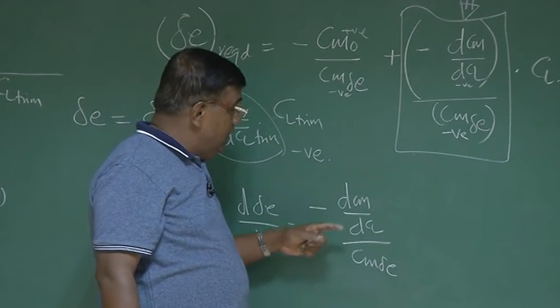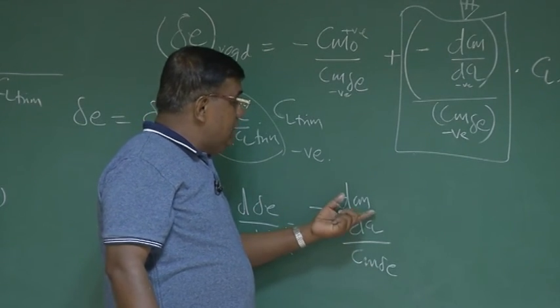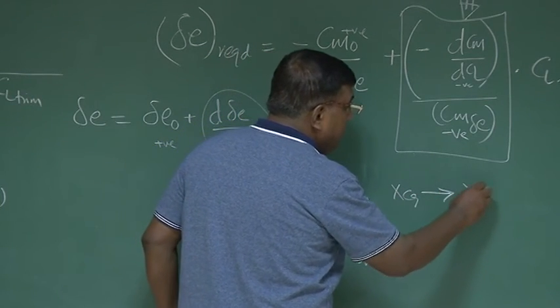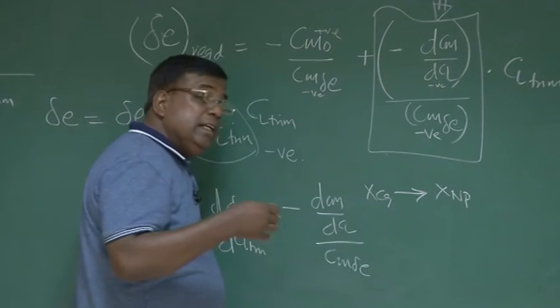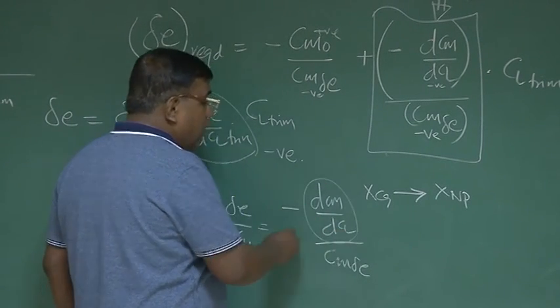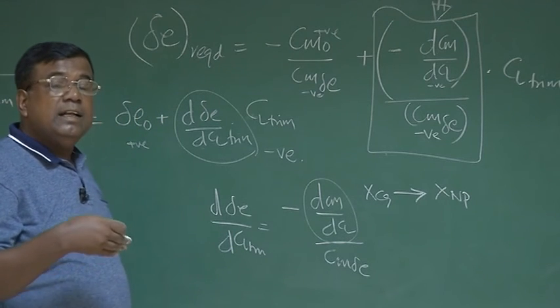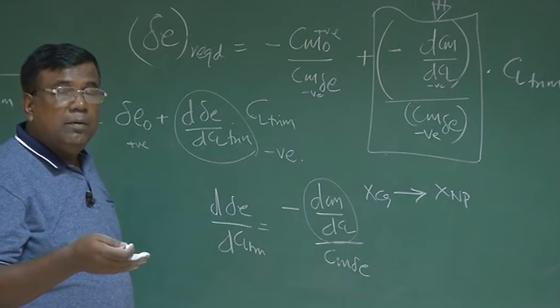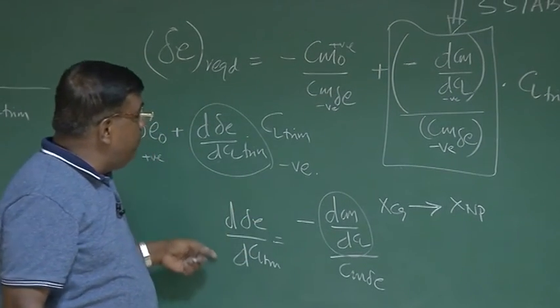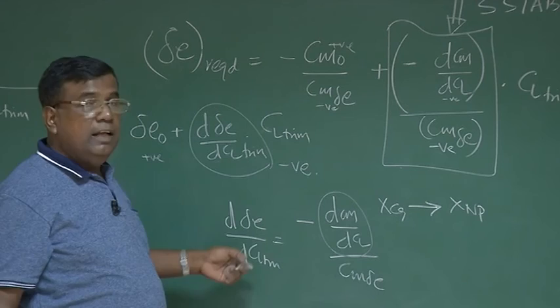Is this part clear? As XCG goes towards the neutral point, it becomes less and less statically stable, so this value will become less negative, like minus 0.1 to minus 0.05. So your slope also will become less and less negative.